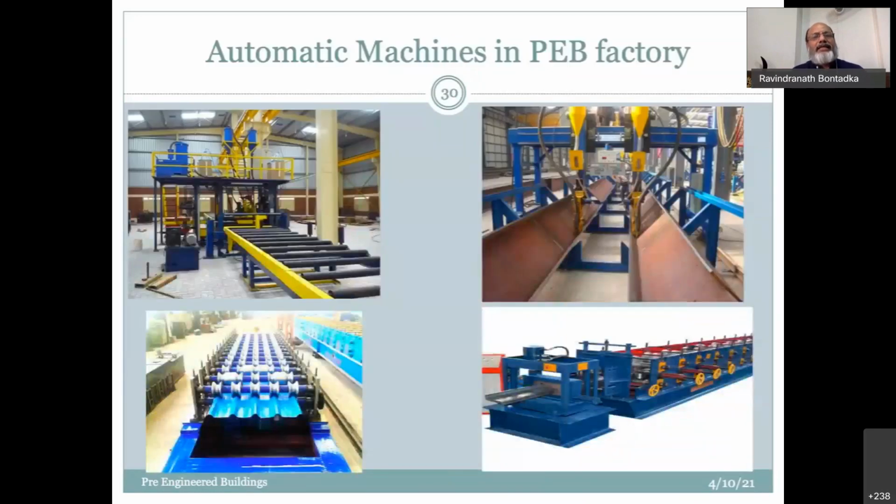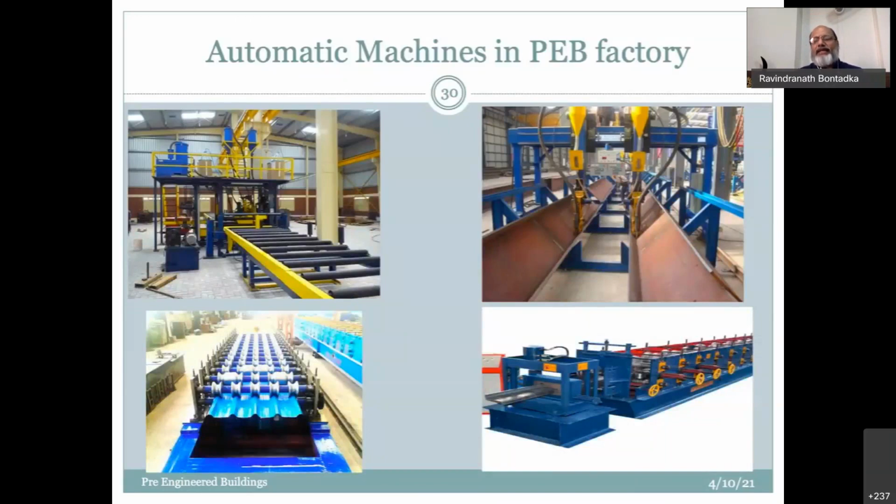The next is how the PEB factory looks. I would like to tell you a little bit. This is where there is greater quality control on the welding of the beams. You have a beam here, and then welding is done automatically with machines, and then you have sheet rolling completely done here.